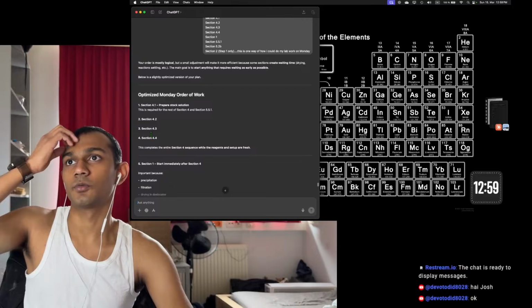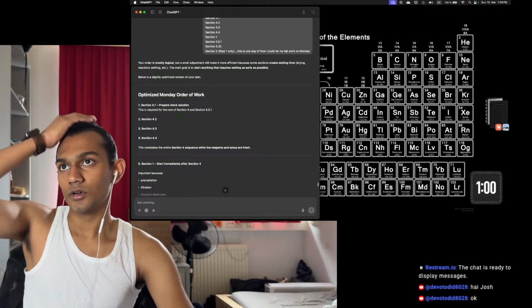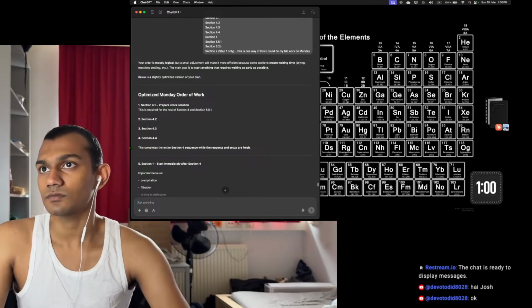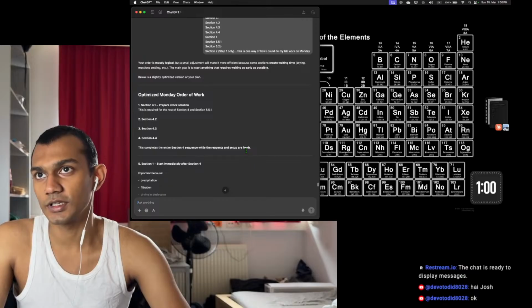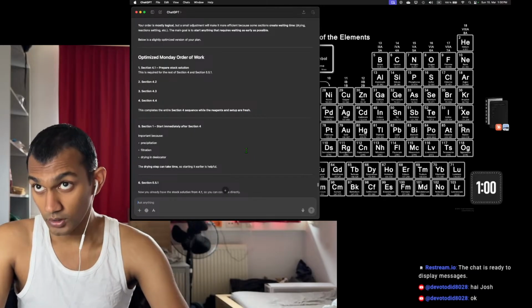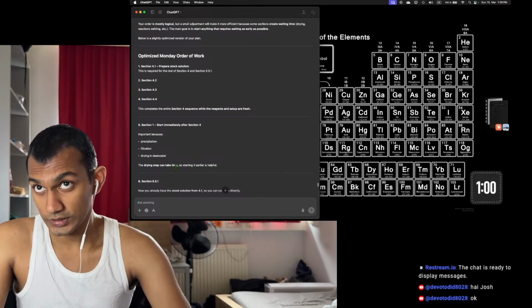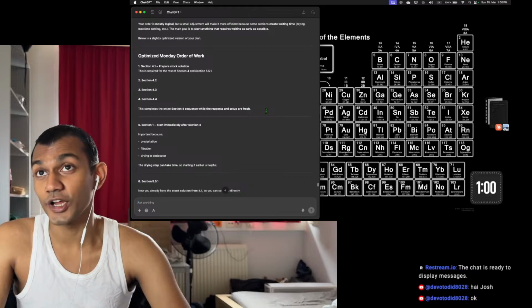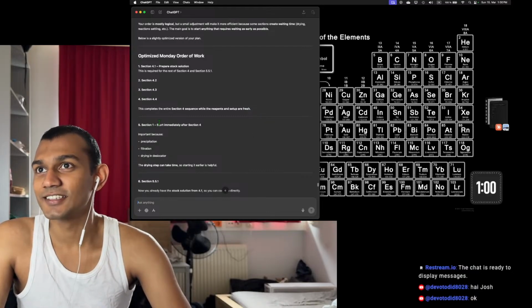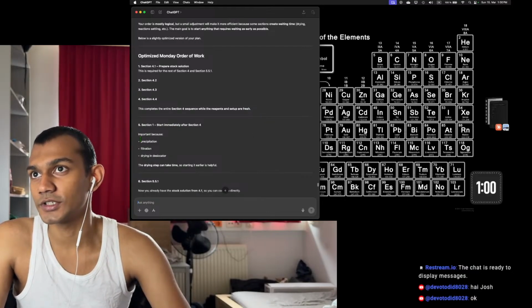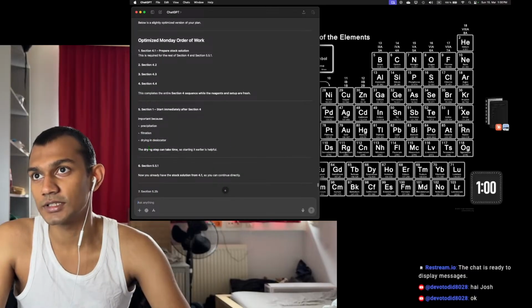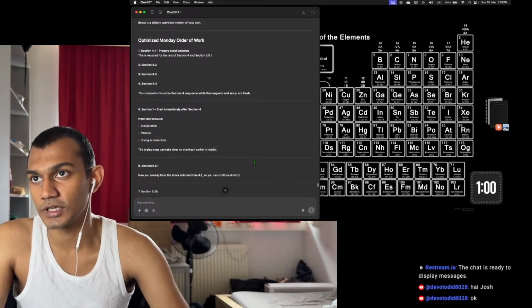Optimize Monday order of work: 4.2. This completes the entire section 4 while reagents and setup are fresh. Section 1 starts immediately after section 4. Important because of precipitation, filtration, drying indicator. The drying step can take time, so starting earlier is helpful.